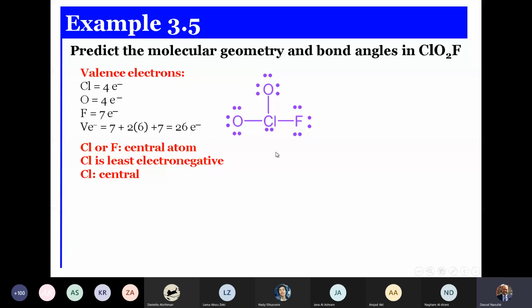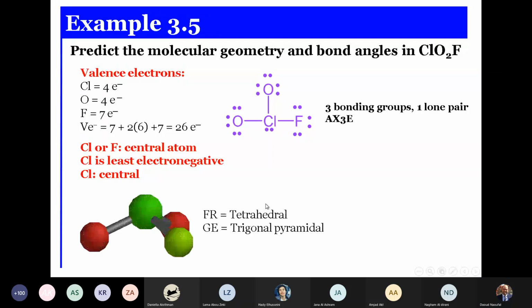So what is the AXE form? This is AX3E. The figure of repulsion is as AX4. So the figure of repulsion is tetrahedral. And we have one lobe here containing the non-bonding pair.